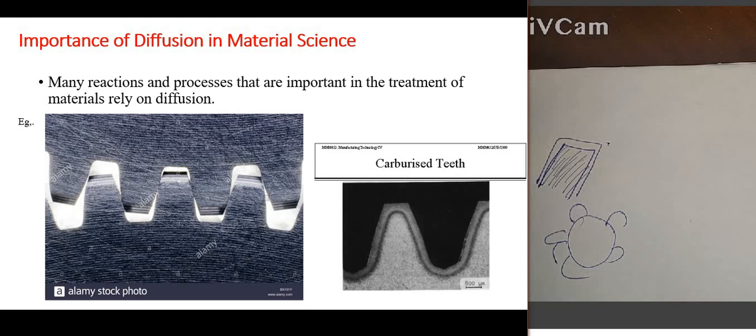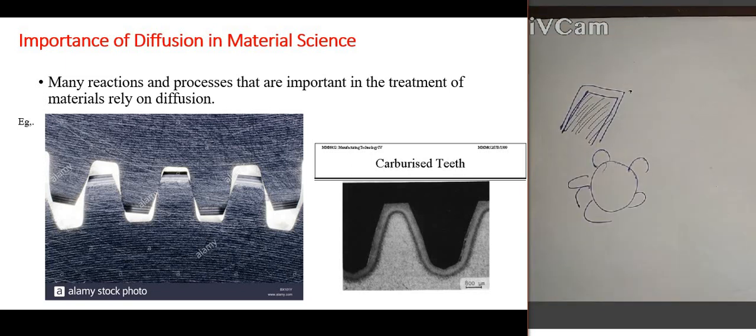Okay, so what we can do, instead of making the whole gear with the hard material, is provide a hard surface. Here we can see a hard surface on the teeth profile.